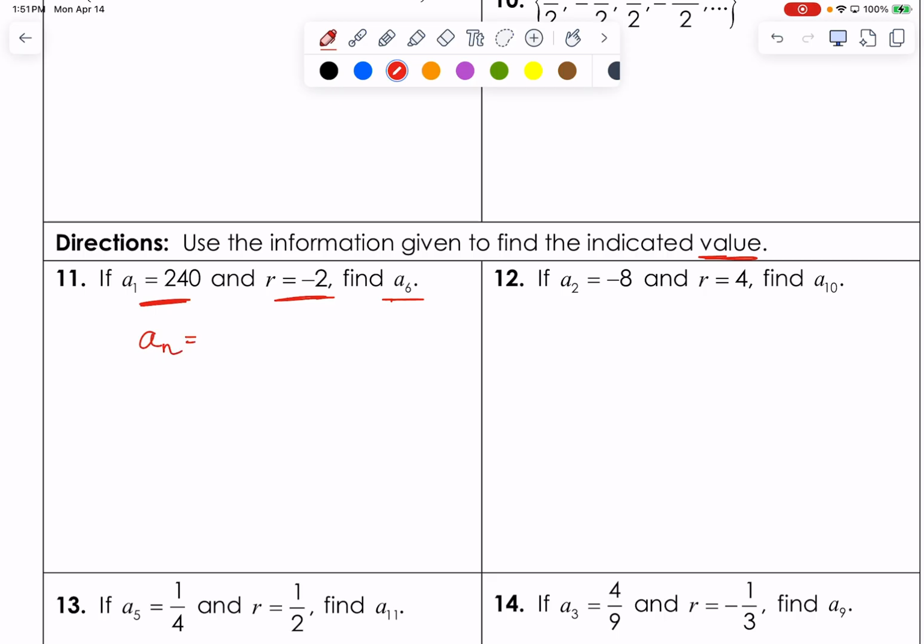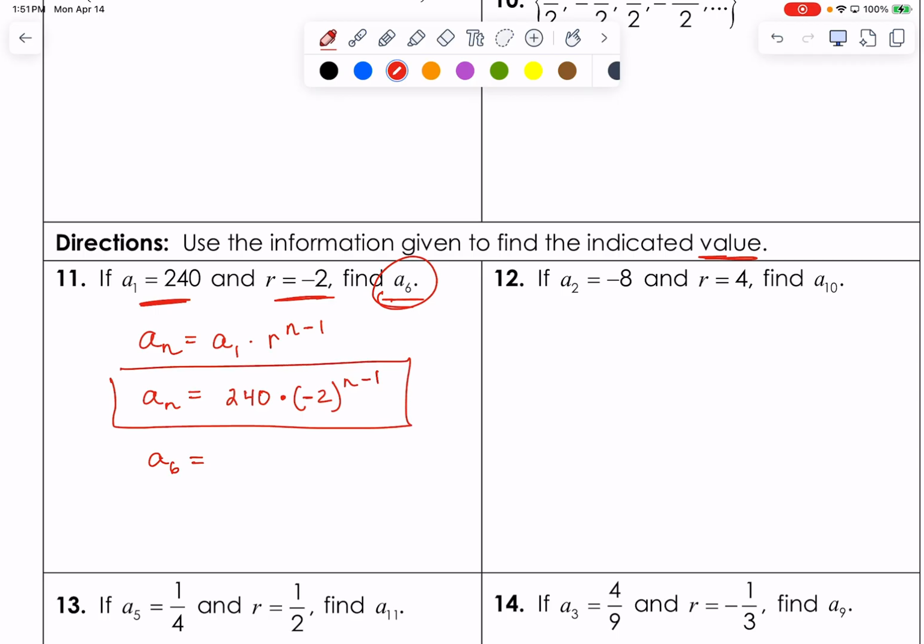I got it. Did we write down the formula? No, you got to make a formula and find a sub 6. Does the calculator do that? Yes.